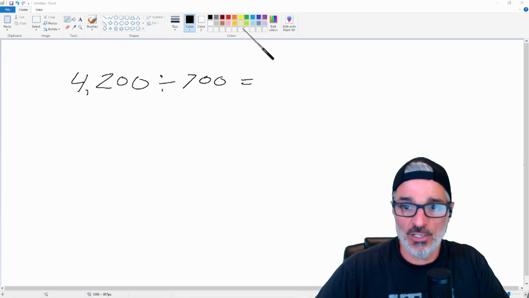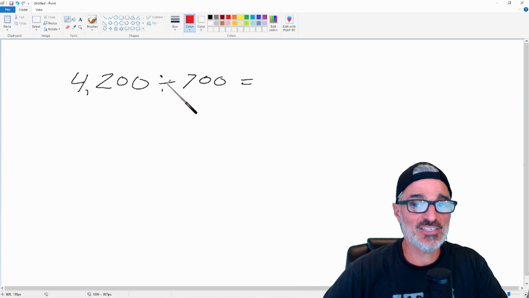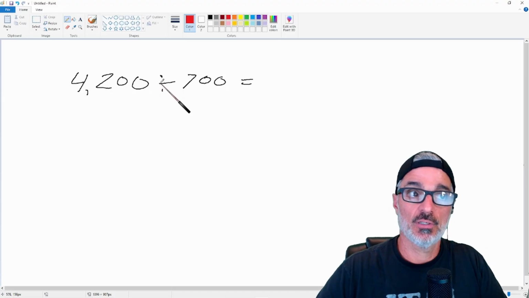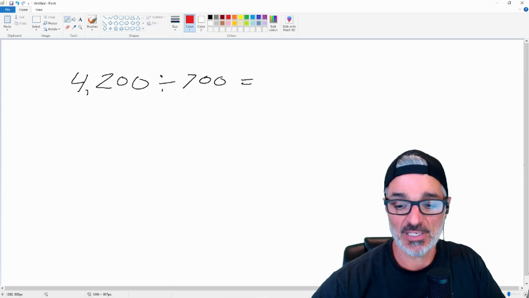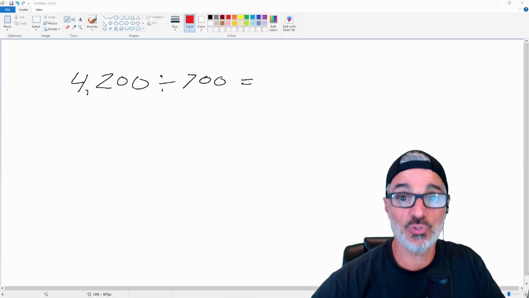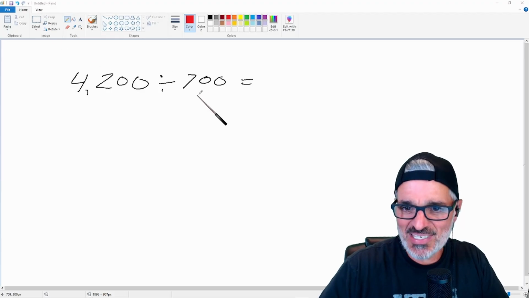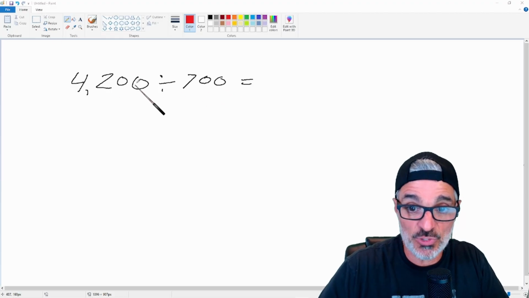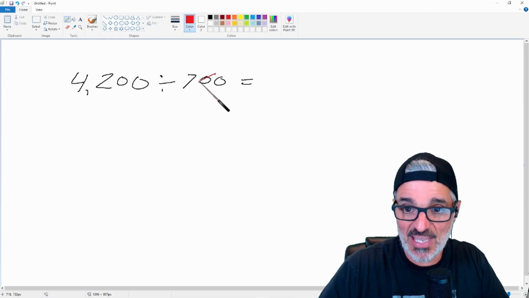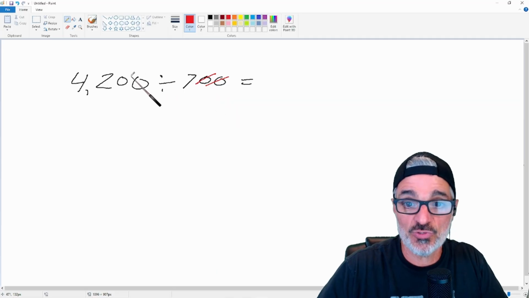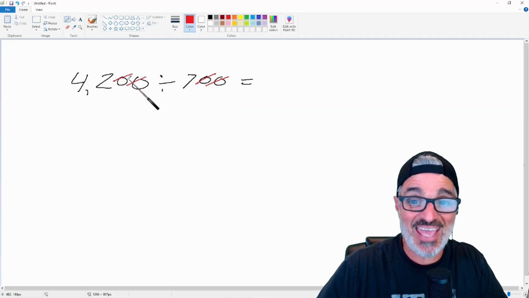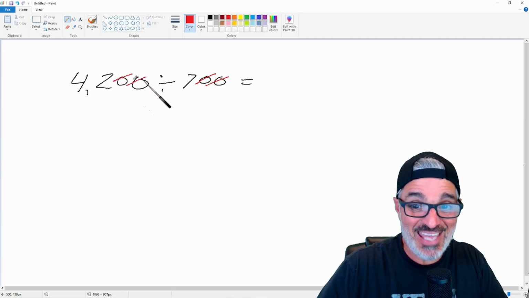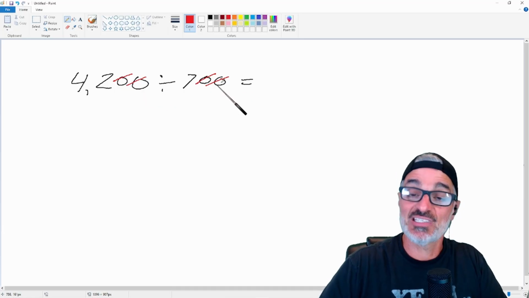What do we do then? Same as when we were dividing by powers of 10, we're going to eliminate zeros. So we see 2 zeros here and we see 2 zeros here. So basically we can cross out these 2 zeros, because these 2 zeros in the dividend cancel with the 2 zeros in the divisor.